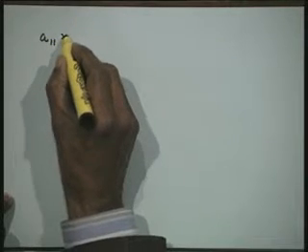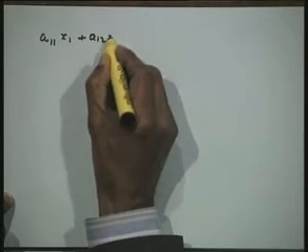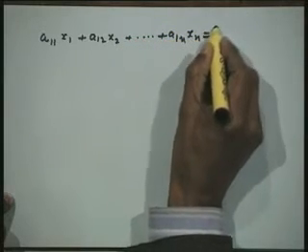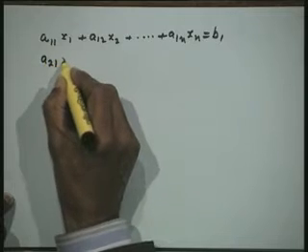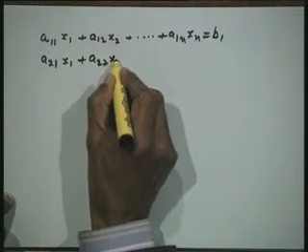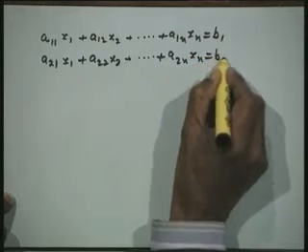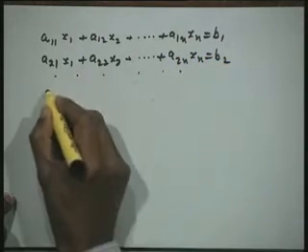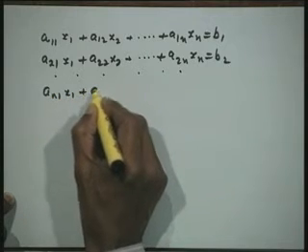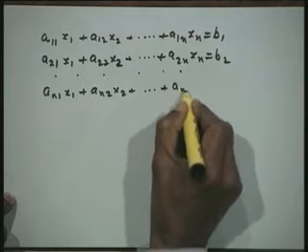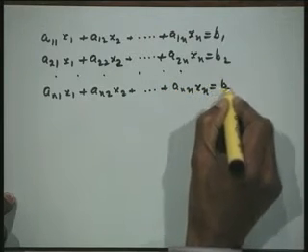What we are really looking for is a linear system of equations like a11 x1 plus a12 x2 plus so on a1n xn is equal to b1, a21 x1 plus a22 x2 plus so on a2n xn is equal to b2, and an1 x1 plus an2 x2 plus so on ann xn is equal to bn.